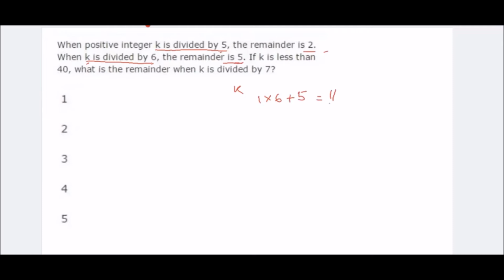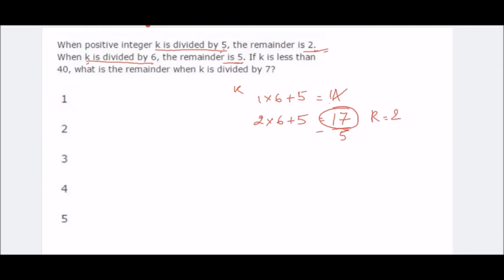But when 11 is divided by 5, the remainder will not be 2, that's why it's not valid. So let's consider the second: 2 into 6 plus 5, it will become 17. When 17 is divided by 5, the remainder will be 2. So the first condition is also valid for this value.